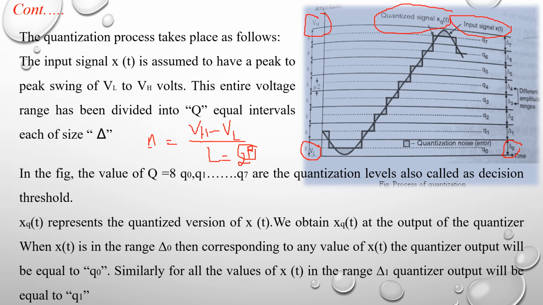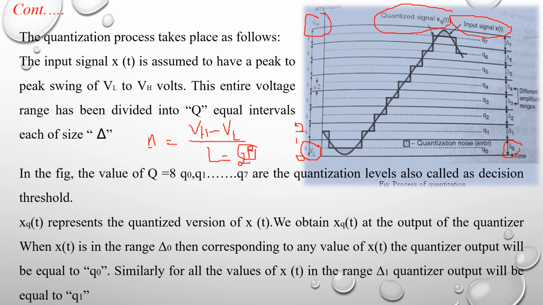We obtain xq of t at the output of the quantizer. When x of t is in the range of delta 0, then for any value of x of t, the quantizer output will be equal to q0. Similarly, for all the values of x of t in the range of delta 1, the quantizer output will be equal to q1. For example, this is the 0 voltage level, this is the voltage level 1 and this is the voltage level 2.